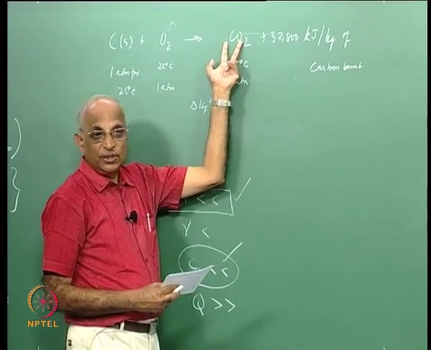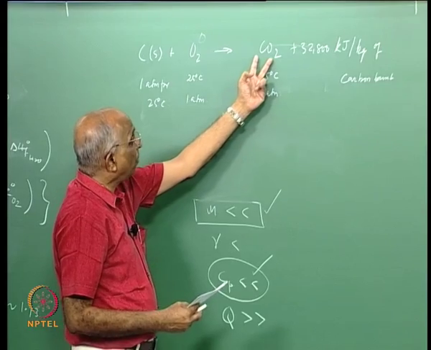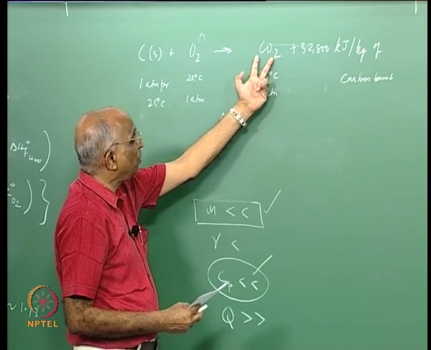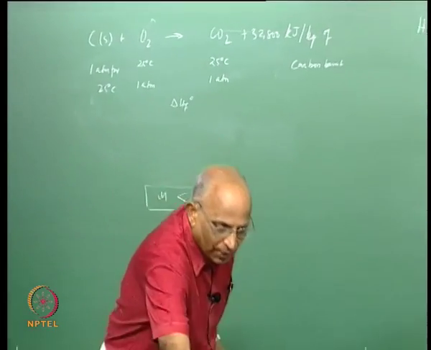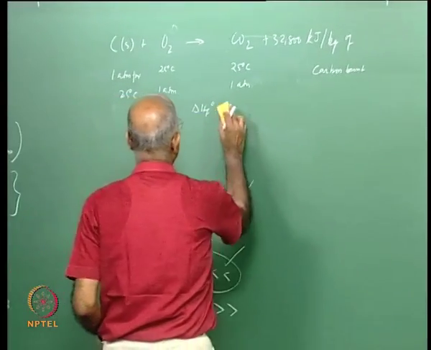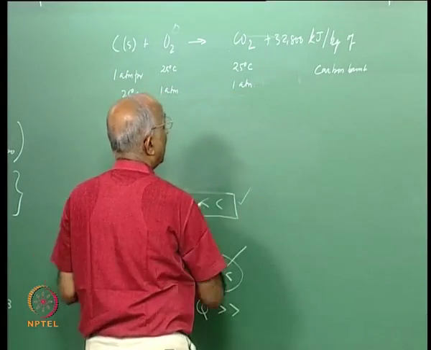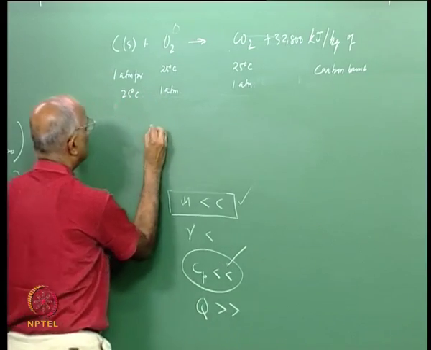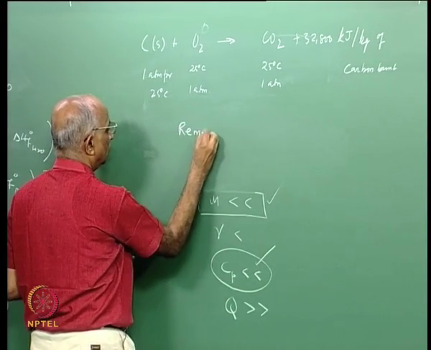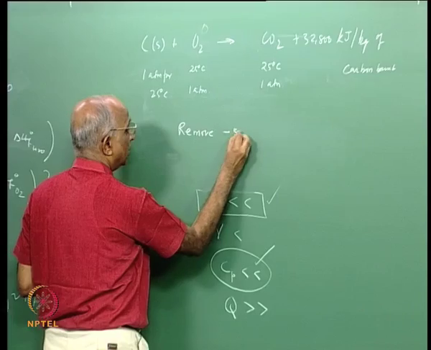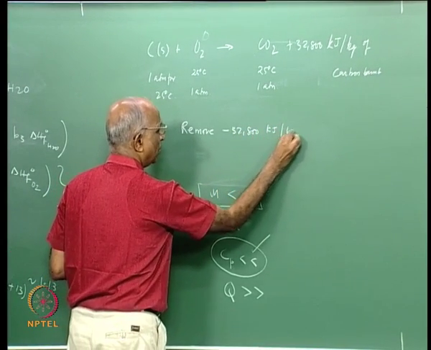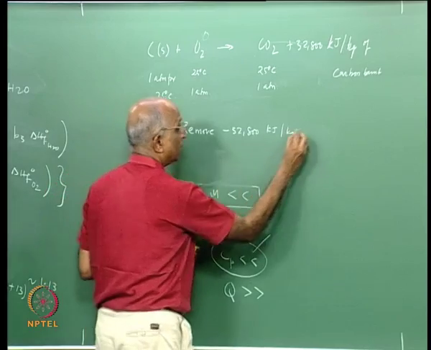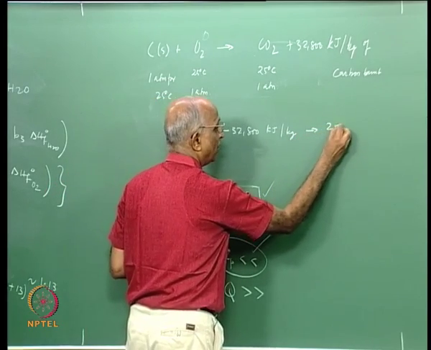Therefore, if my product carbon dioxide has to be at 25 degrees centigrade, what do I have to do? I have to remove some heat from this reaction. That means I have to remove minus 32,800 kilojoules per kilogram of carbon burnt, so that the products can again be at 25 degrees centigrade, right.